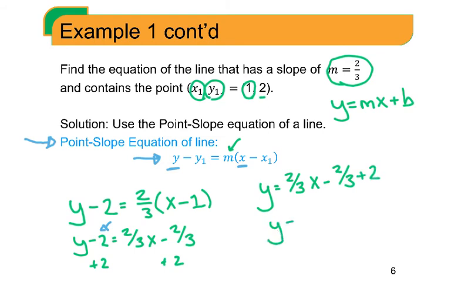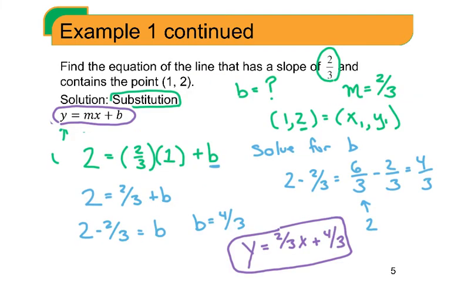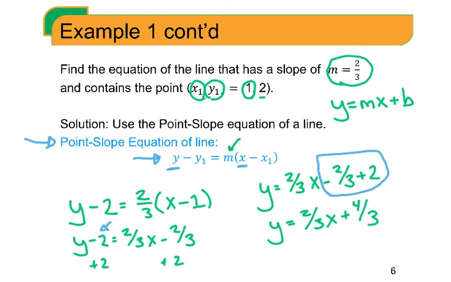In other words, y equals 2/3 x plus 4/3. This calculation is exactly the same as we did before, isn't it? 2 minus 2/3. We did that somewhere over here, right there. So we get the same equation.